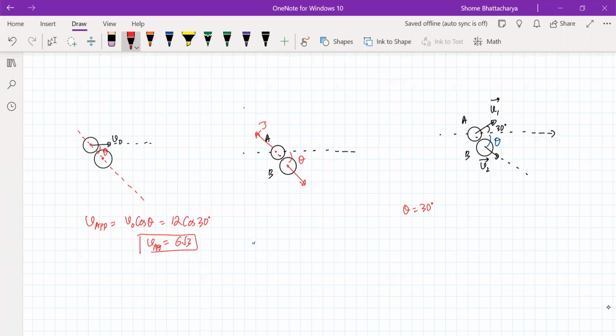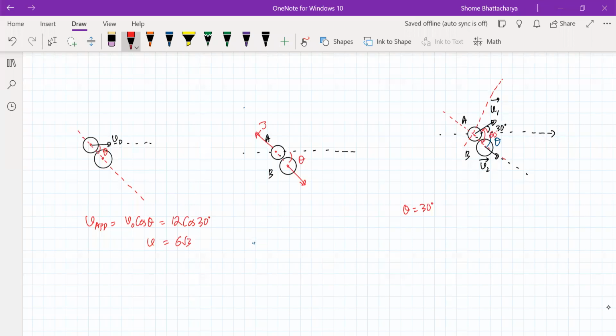Now similarly in this diagram, see that this is our center to center line. So this whole angle here is 60 degrees.